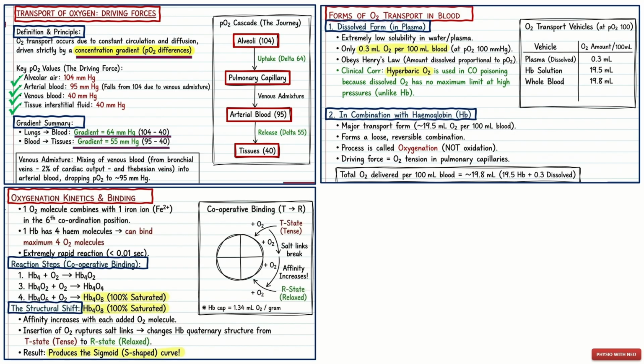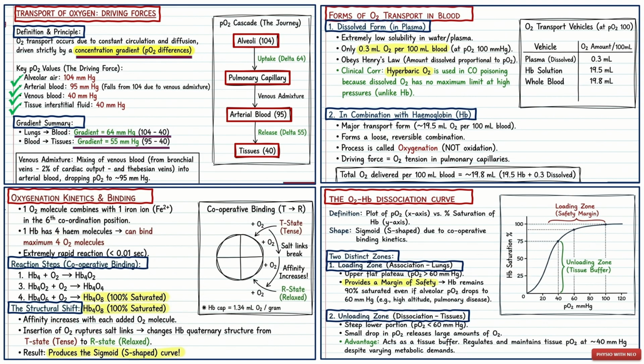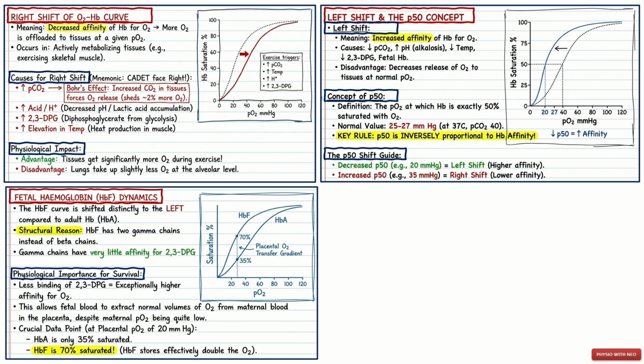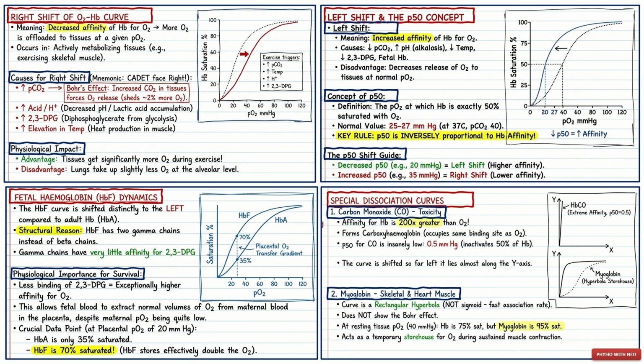Then we have seen the oxygenation kinetics and binding, the cooperative binding between oxygen and hemoglobin, which is responsible for this sigmoid shaped curve, and the most famous oxygen hemoglobin dissociation curve showing two zones, loading zone and unloading zone. We have also seen the right and left shift of this curve, a small account of the fetal hemoglobin, and the special dissociation curves in the form of carbon monoxide and myoglobin, that is the skeletal and heart muscles.